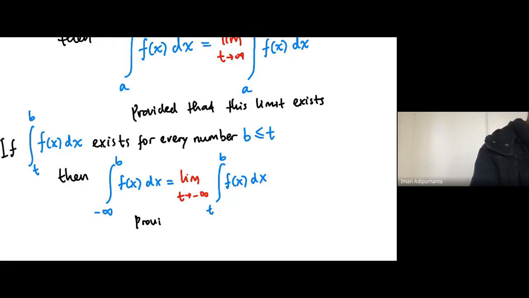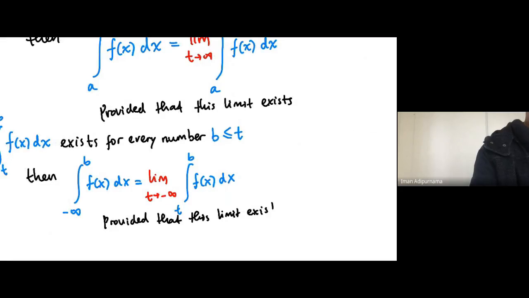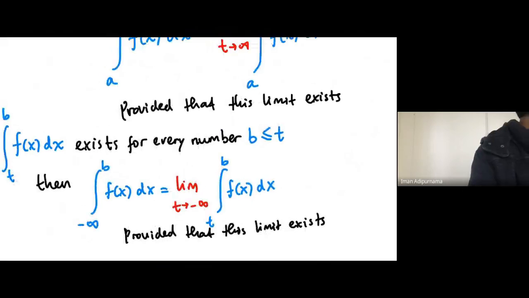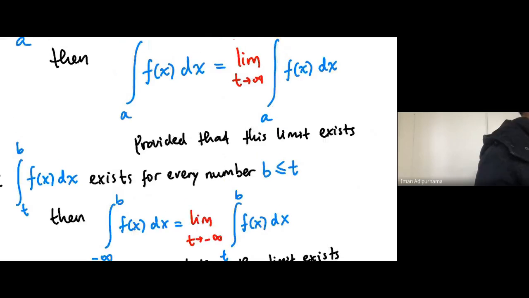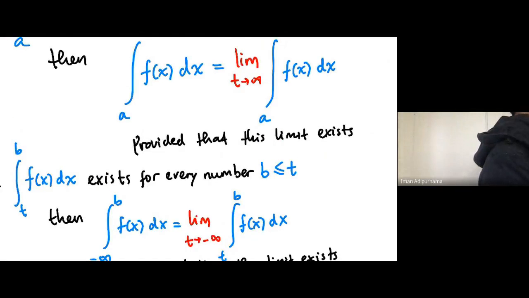Also provided that this limit exists. So now, because we are involving a limit as t approaches positive infinity or negative infinity, all the methods in your chapter 2 on limits are applicable here.